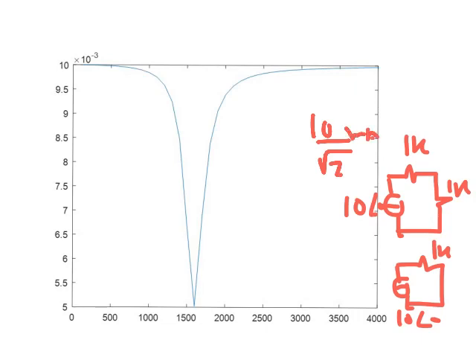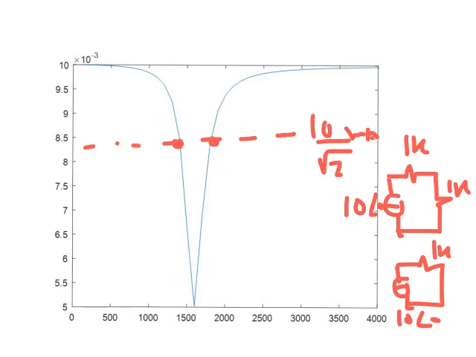If you draw a horizontal line at this value, and you write the expression for I naught, set the modulus of I naught equal to this value, and solve for frequency, you get two frequencies, the upper cutoff frequency and the lower cutoff frequency. At these two frequencies, your response is 10 over square root 2 milliamps, which is 1 over square root 2 of the peak value.